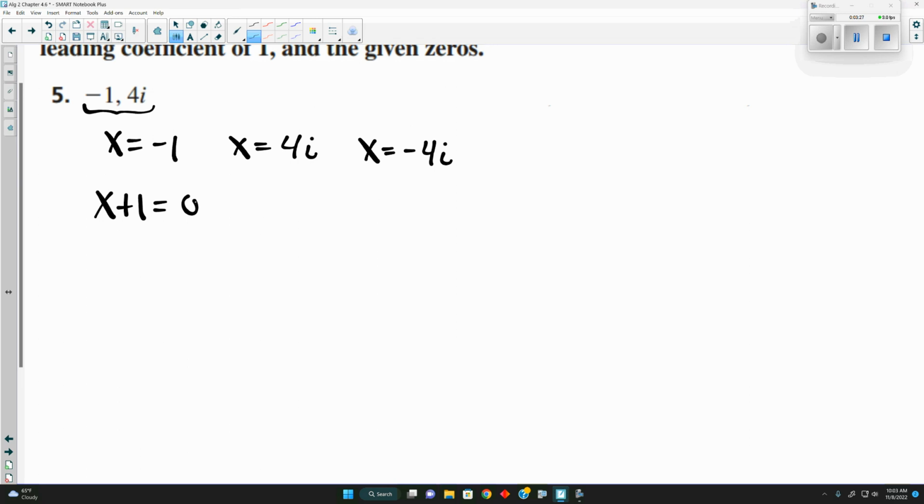The next one is positive 4i, yes? Because we're just subtracting 4i, so it's just going to be x minus 4i. And what would the last one be? And really, for this one here, it doesn't save that much time. Because really, we could have written it out as -4i, or plus 4i, and plus 4i. And on the other one, +1 and +1.